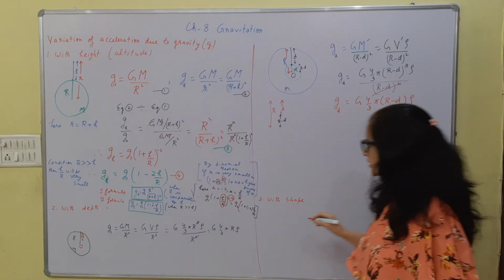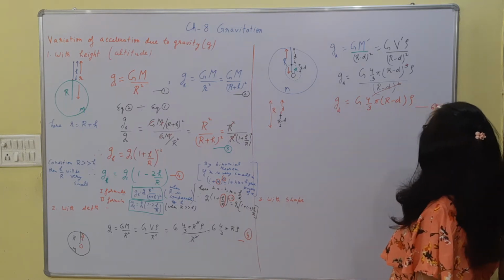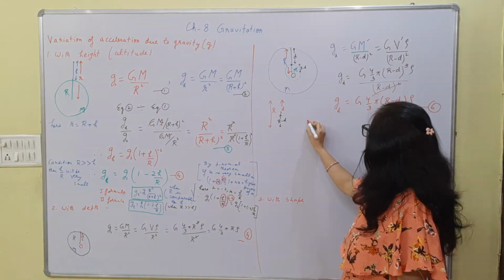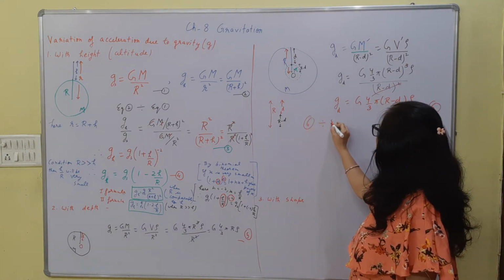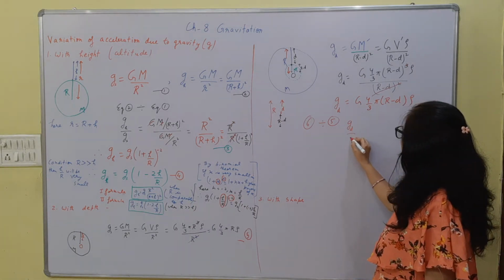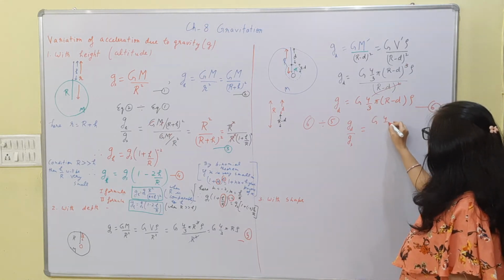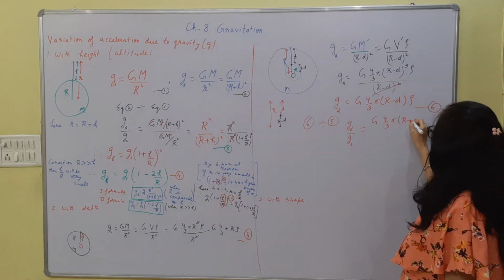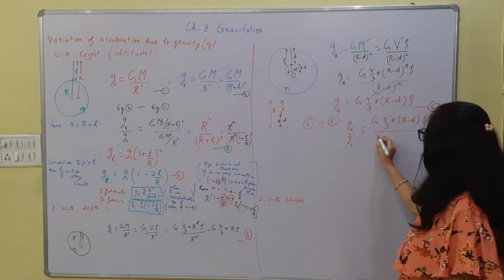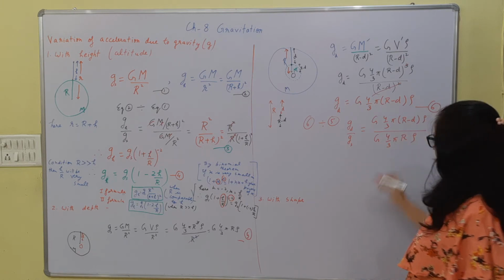Let's mark this as equation 5 and this as equation 6. I have to find small g at depth d. So divide 6 by 5. So what will I get? g at depth upon g at surface is equal to G into 4 by 3 pi into R minus d into rho upon g at surface, which is G into 4 by 3 pi R into rho.